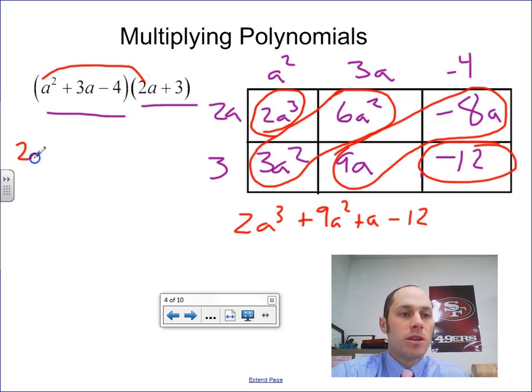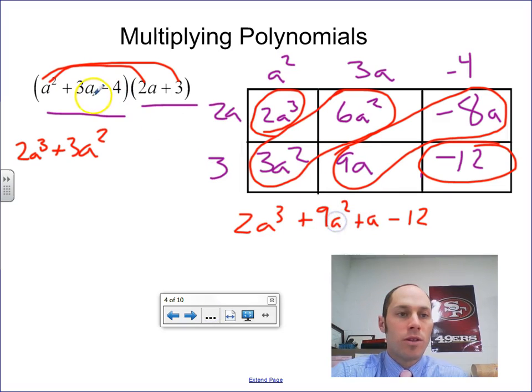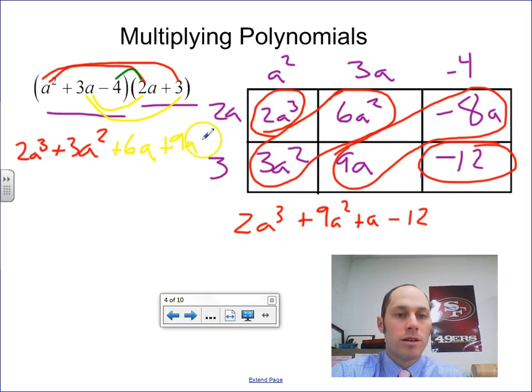Otherwise, use the distributive property, and we're going to distribute that a squared to both terms in the binomial. And then we're going to distribute the next one over. 3a times 2a is plus 6a squared. 3a times 3 is plus 9a. And we'll finish up by distributing the negative 4. Minus 8a, and then minus 12.